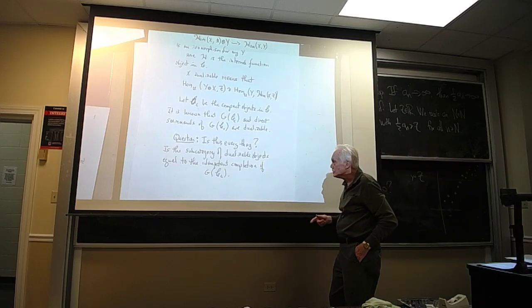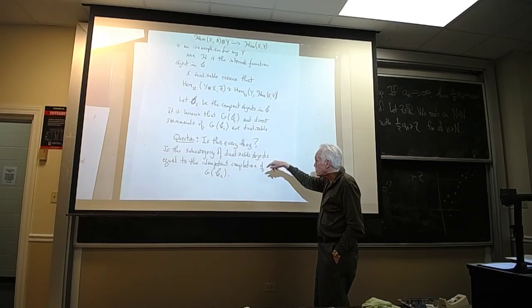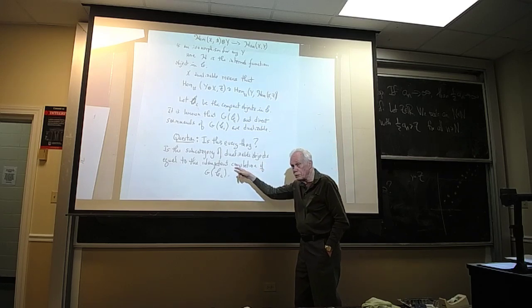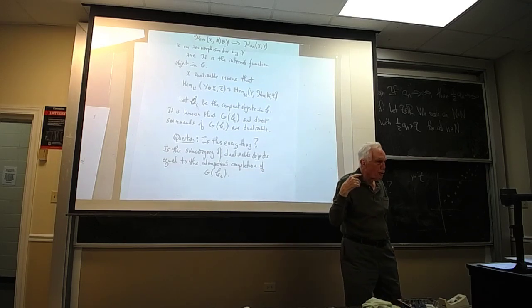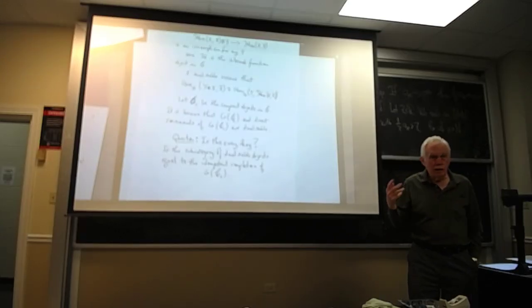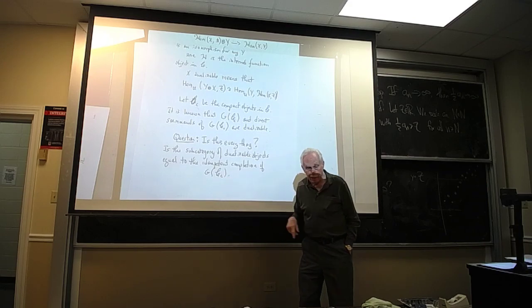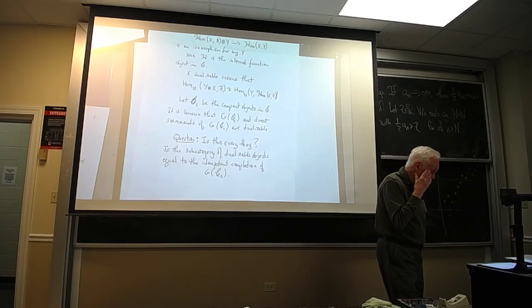So the question is, is this subcategory of dualizable objects equal to the idempotent completion? That means you throw in direct summands of this image of the compact objects.